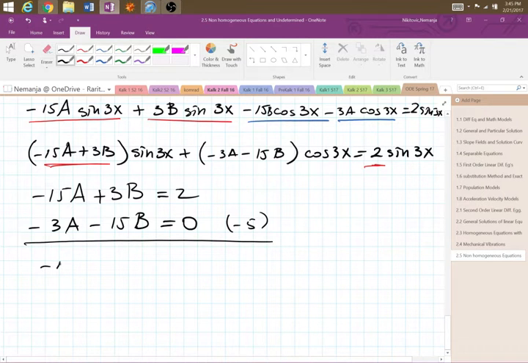The first equation stays unchanged, and the second equation becomes positive 15a plus 75b equals 0.